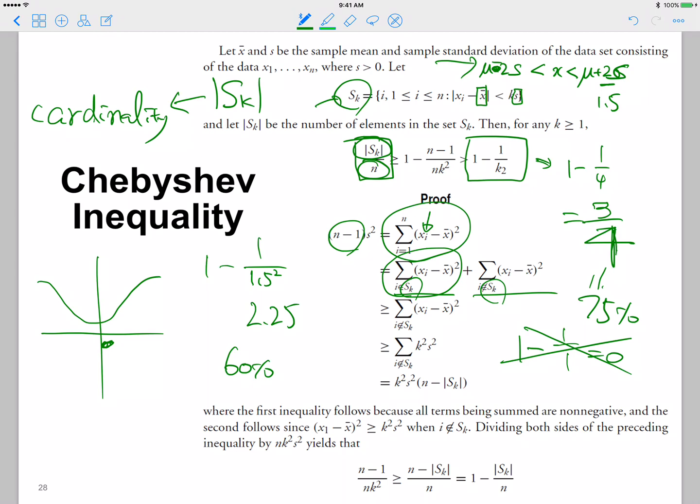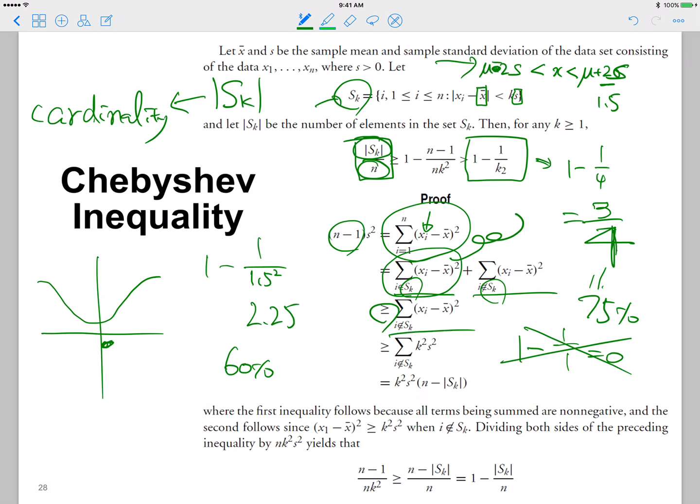We split them into those falling inside or outside of this range, and then we simply remove the inside part. What remains is a sum of squared values, so it is positive. Out of the total sum, we took out some positive part, so the value will be smaller. That is where we have this inequality sign here.